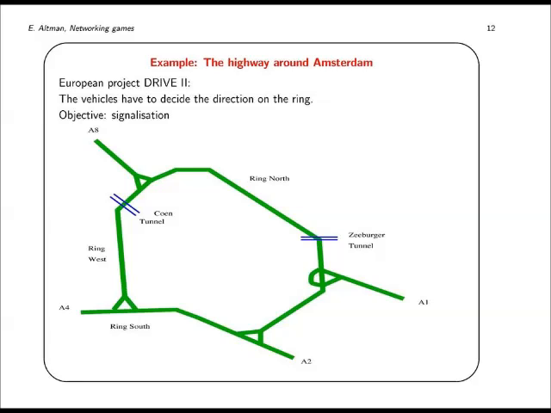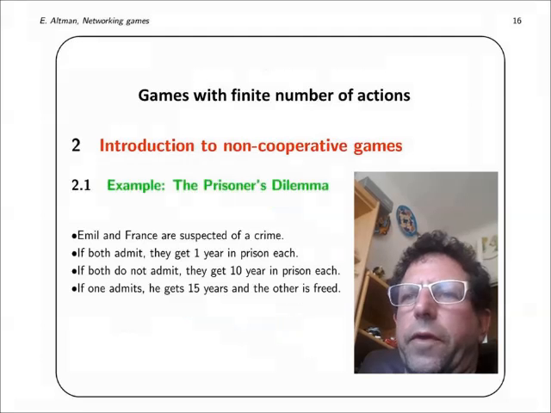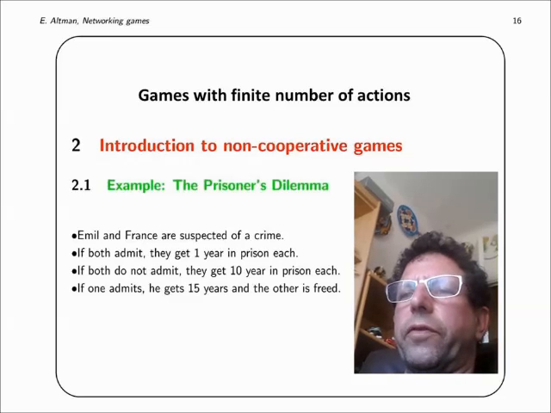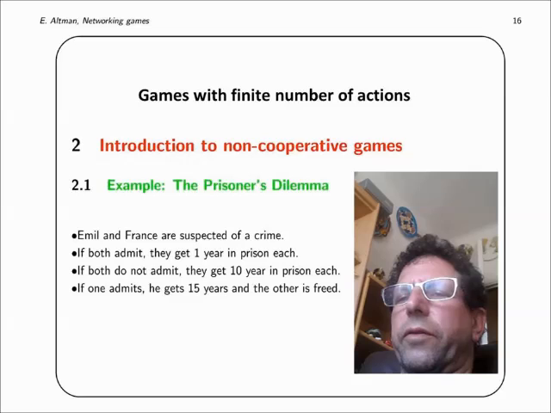So we shall next look at a more detailed game in which there are finitely many players and each has finitely many options of actions to take. This game is the well-known prisoner's dilemma. There are two players that are suspected of a crime, Emile and France.